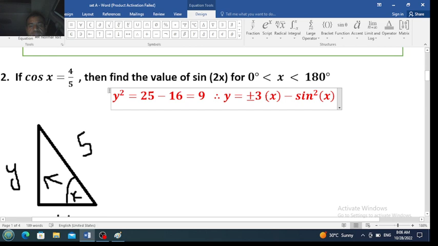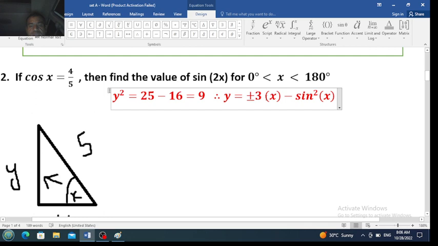This equals 2 times 4/5 times 3 divided by 5.